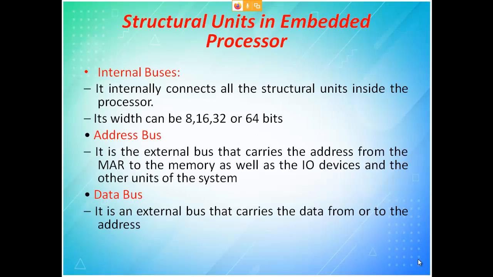Okay, so when you say structural unit, what all should be present. When you take an embedded processor, internal bus, internally inside a processor, even till today we are using only parallel communication. There are two types of communication, one is parallel, another one is serial.